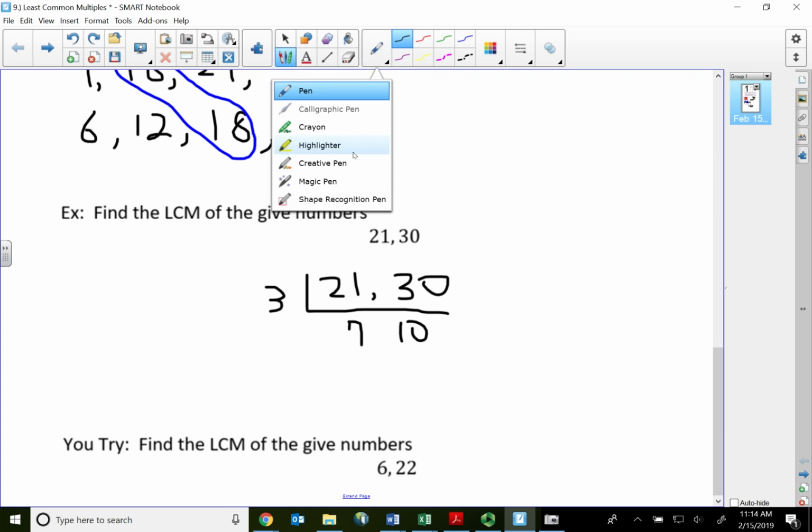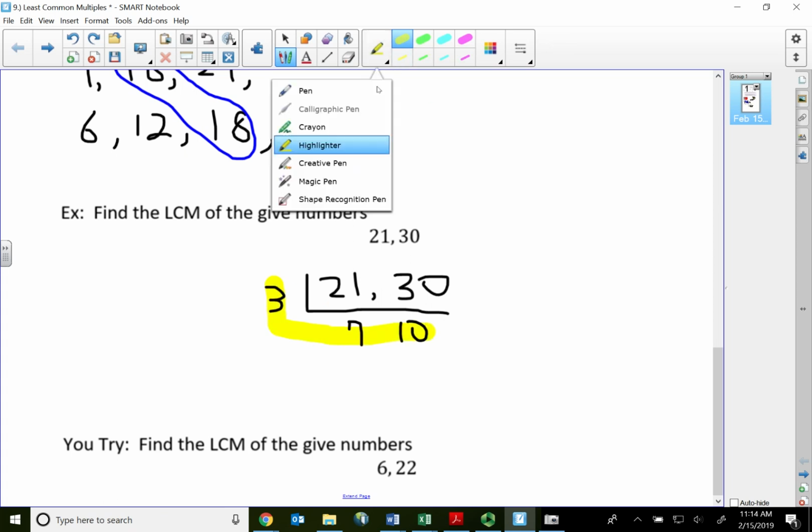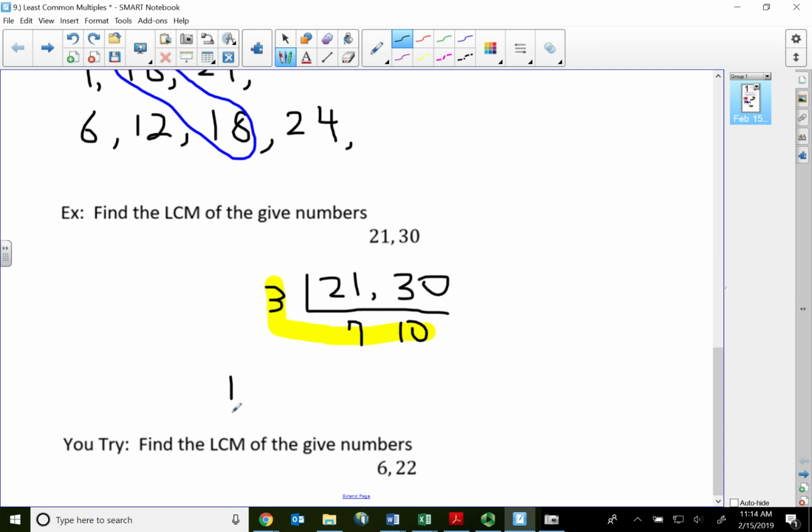All the numbers on the outside multiplied together will be my least common multiple. My LCM will just be 3 times 7 times 10. 3 times 7 is 21, and 21 times 10 is 210. So that would be my answer.